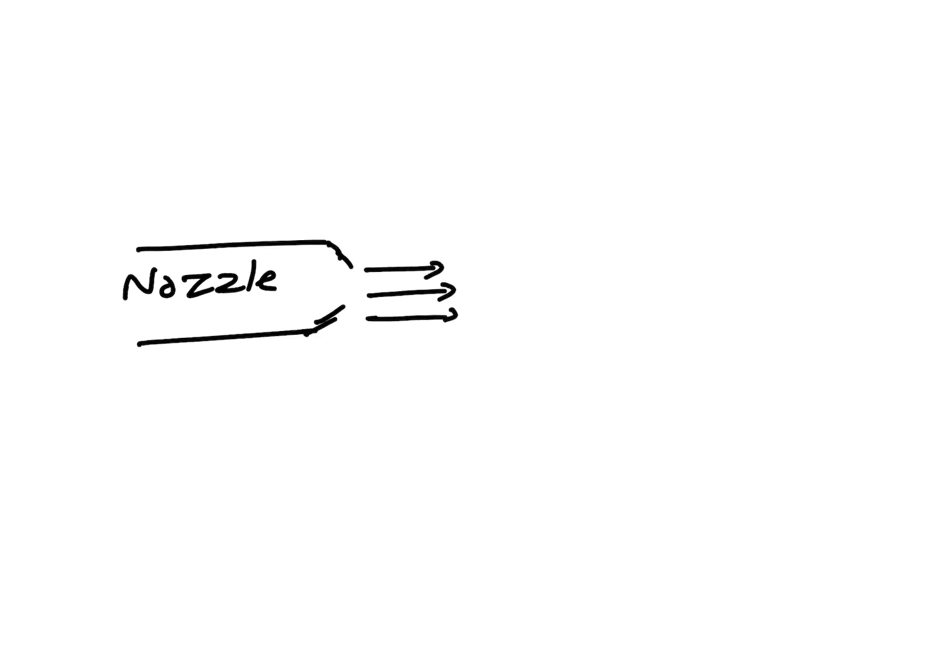So let's consider an example to illustrate the momentum balance equation that we just saw. Okay. So here I have a nozzle that's ejecting water at a velocity v1, and the cross section area of the outlet of the nozzle is A1, and that is equal to 0.06 square feet.